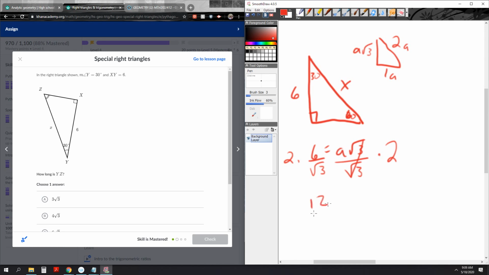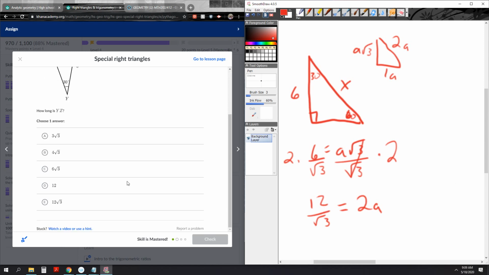So we get 12 over root 3 equals 2a. This is ugly. How are we going to simplify this? None of the answers look like this. Well, if I multiply the bottom and the top by the square root of 3, the square root of 3 times the square root of 3 is 3. So we get 3 on the bottom, and on the top we have 12 root 3.